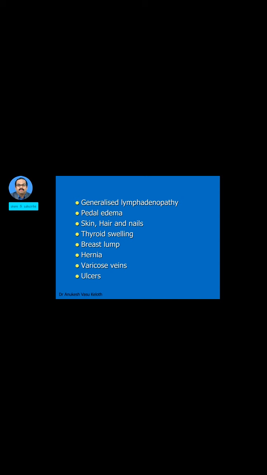The details of that you will go into after the local examination, where you will examine for regional lymphadenopathy. For example, if it was a breast case and you're doing a left CA breast or a left breast lump, then the left axillary node would become important. Otherwise, we would be ignoring it in general.